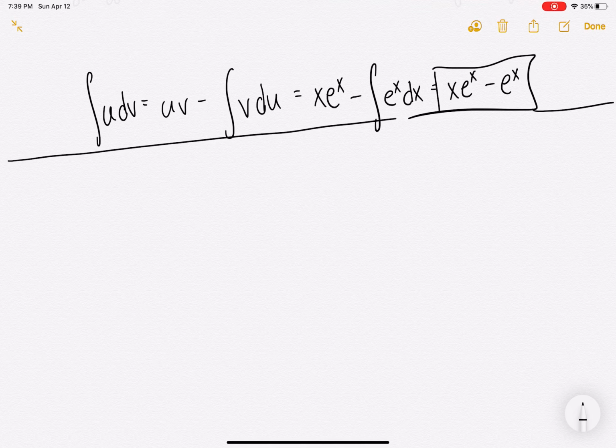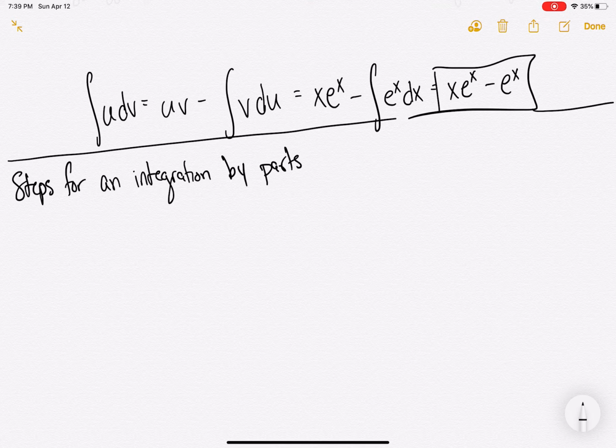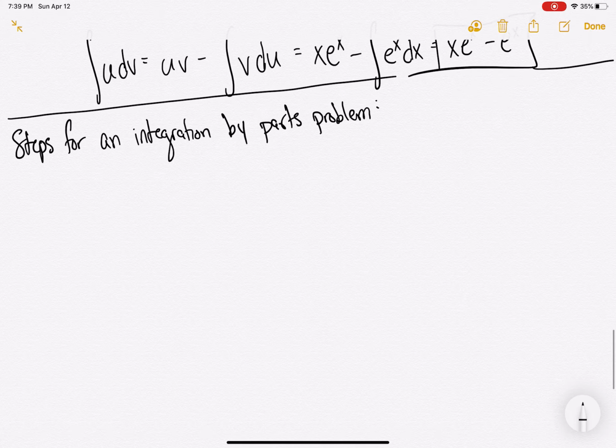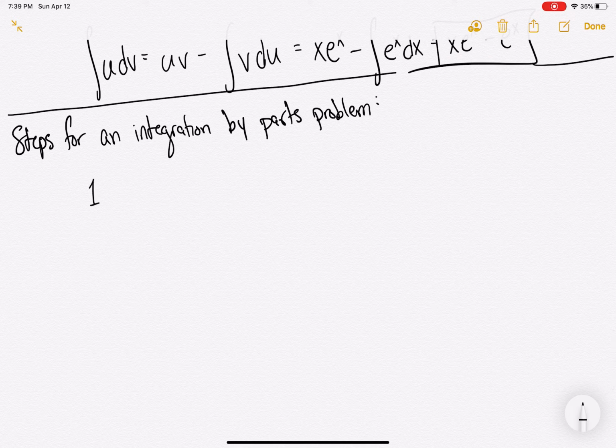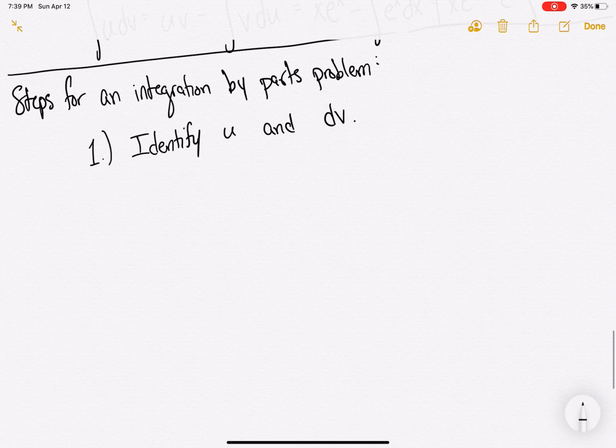So steps for an integration by parts problem. Step 1 is identify u and dv.